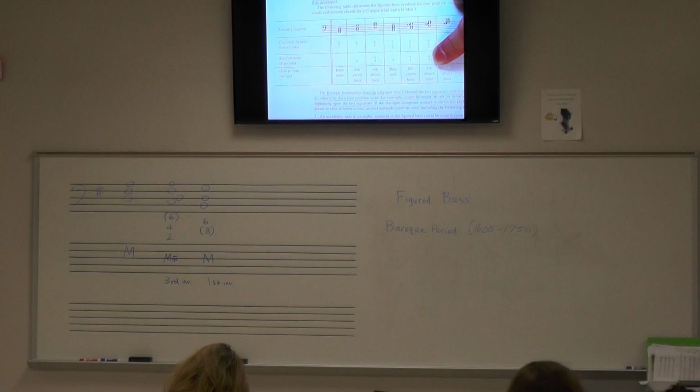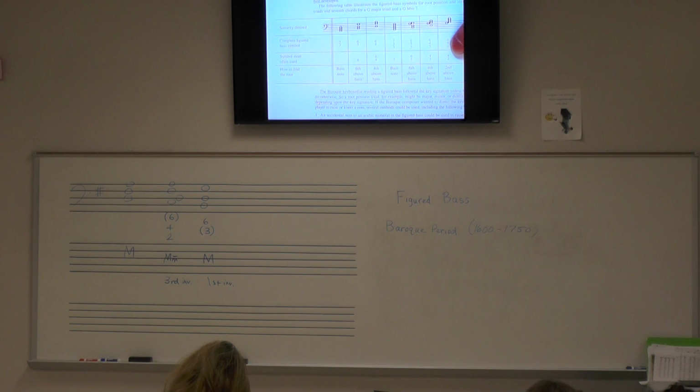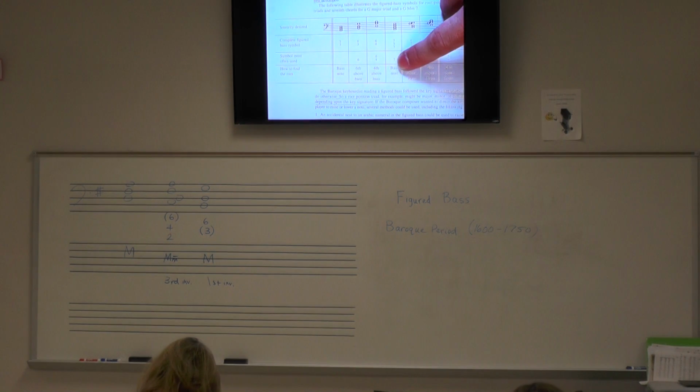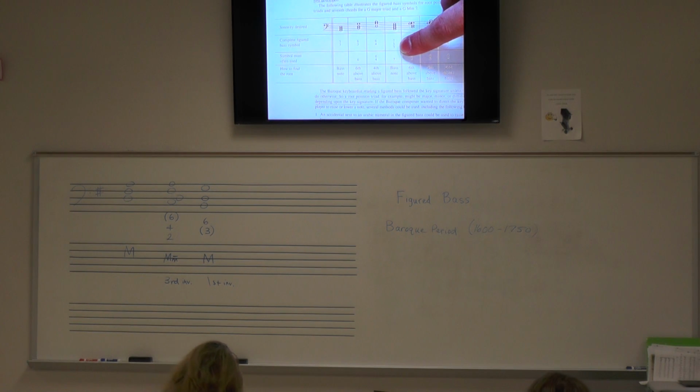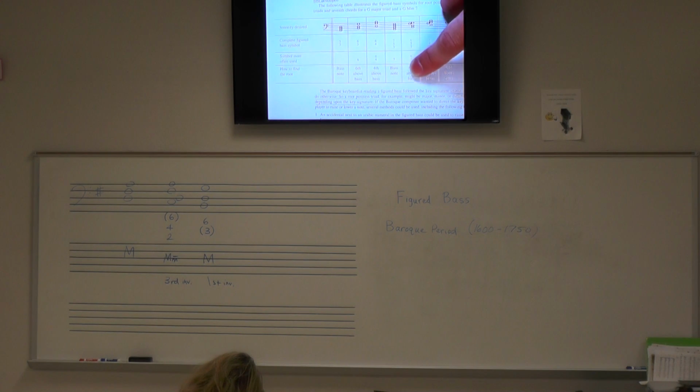And if you just see 4-3, it really means 6-4-3. And 4-2 really means 6-4-2. And finally, just a 7 underneath a bass note really means the full symbol is 7-5-3. It's a seventh chord with four unique distinct pitches. Even though there's just one number in the figured bass, it really means all that, 7-5-3.